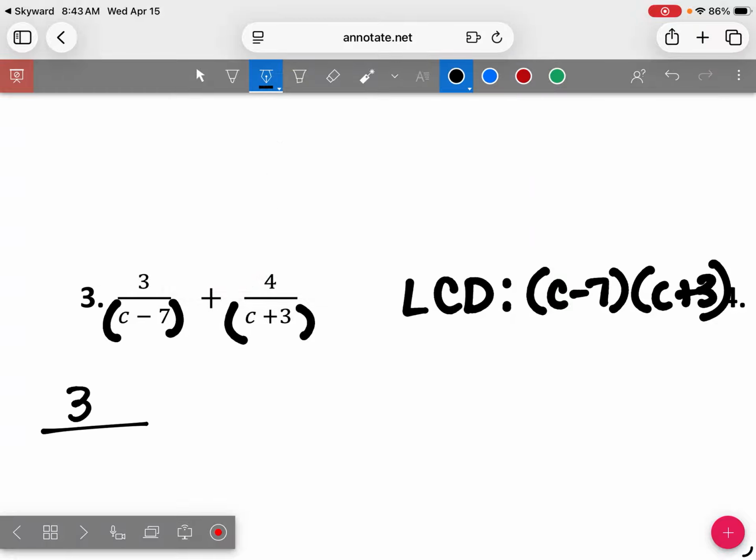So I have 3 over C minus 7. What am I multiplying that fraction by? What factor is it missing? I need a C minus 7 and a C plus 3. Which one am I missing? All right, that's what you're going to multiply this one by.